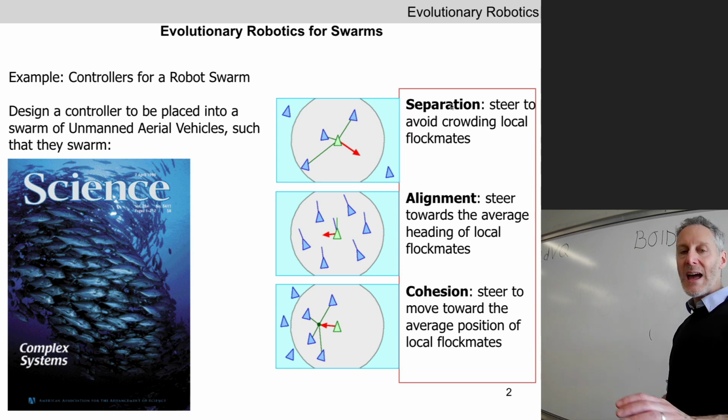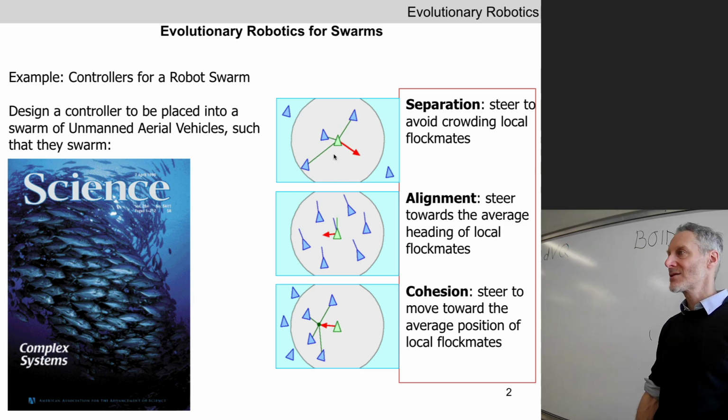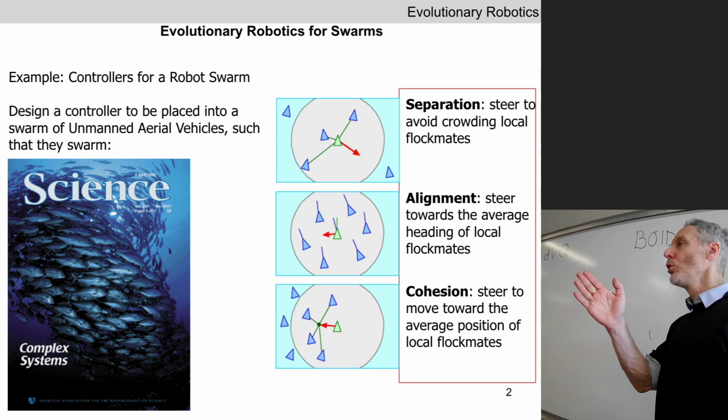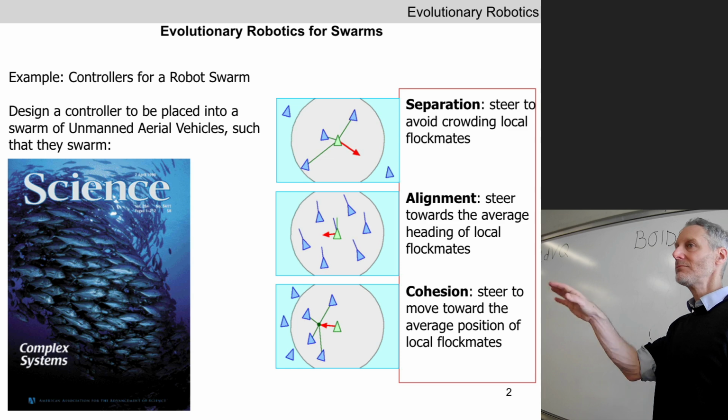It's going to alter its heading so that it doesn't crash into the mass of its nearest neighbors. So when the green Boid finishes executing the separation subroutine, that subroutine returns a vector which is pulling on its heading. It's a vector that says you should change your heading a little bit in this direction.